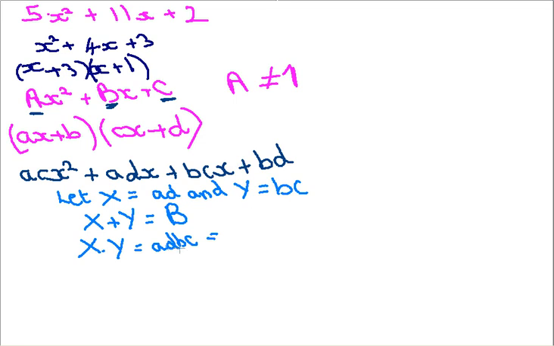Okay. Now adbc is obviously of course the same as acbd, which is ac times bd, which is the same as a times c.